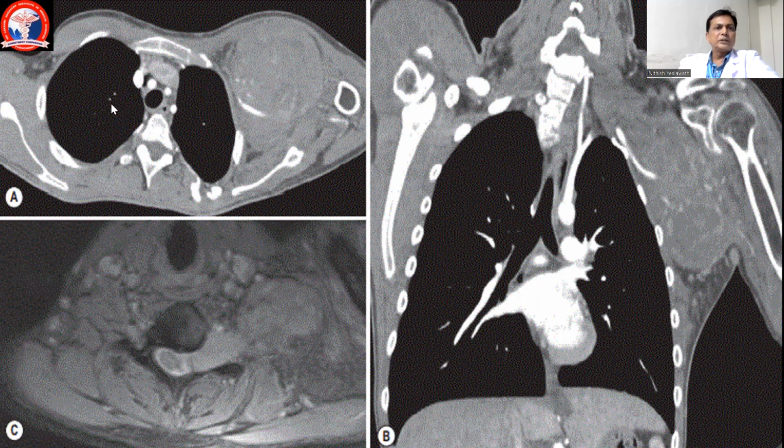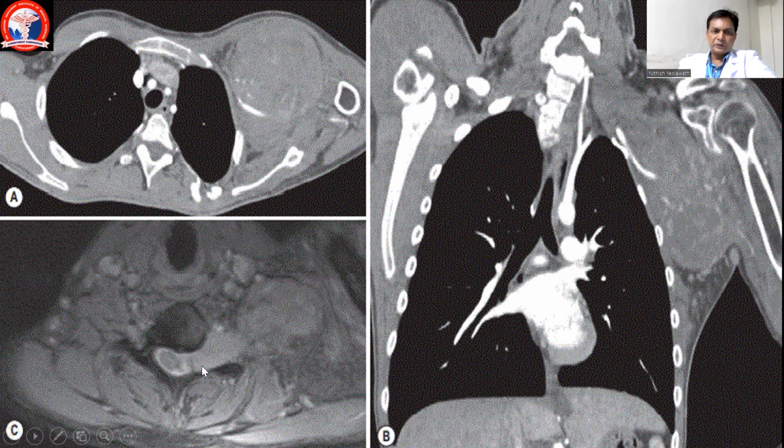This is a contrast CT scan image, axial image, and this is a coronal image. This is MRI. What we get to see here is a large soft tissue mass with heterogeneous content. The lesion is seen encasing the left subclavian artery, and a very important finding here is the left neural foramina is widened.